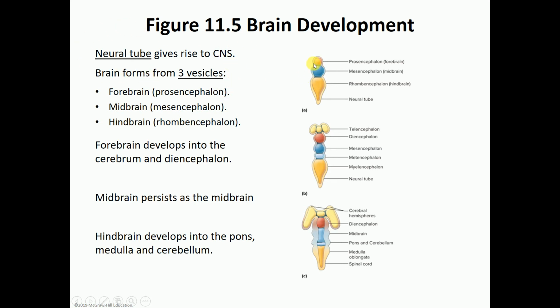The brain is going to be formed out of these three little vesicles, the forebrain or the prosencephalon, and that will develop into the cerebrum and the diencephalon. The mesencephalon, also known as the midbrain, will develop into the midbrain. And the hindbrain or the rhombencephalon is going to develop into the pons, medulla oblongata, and the cerebellum.